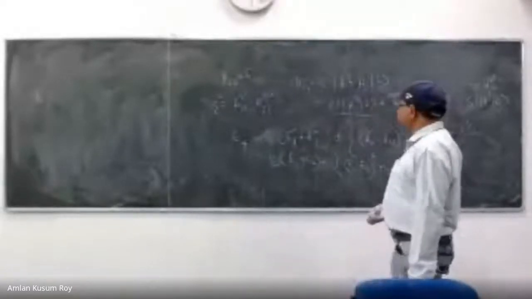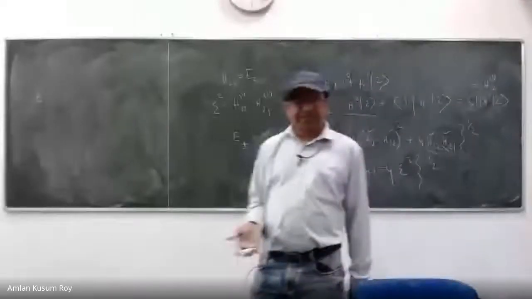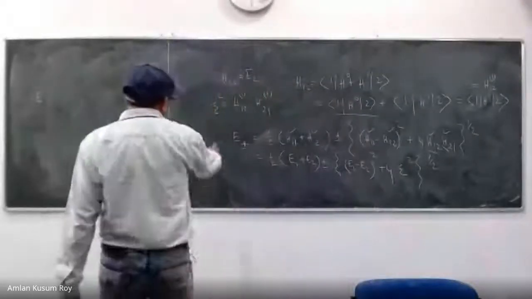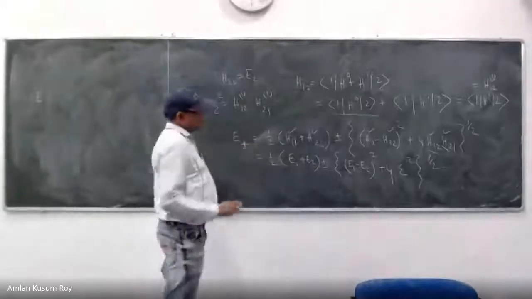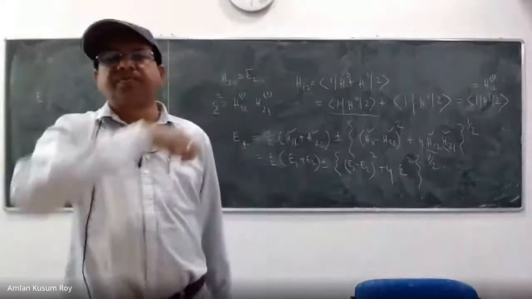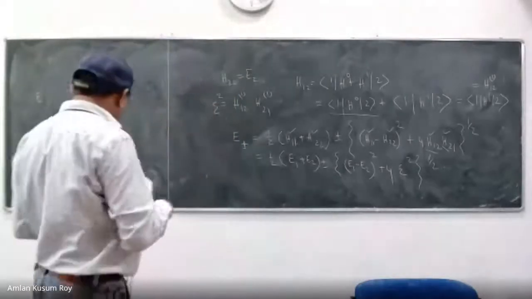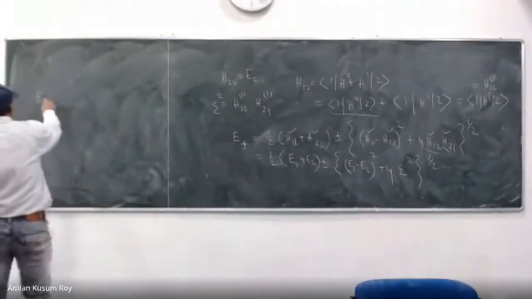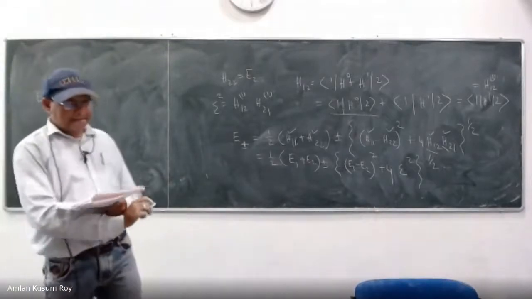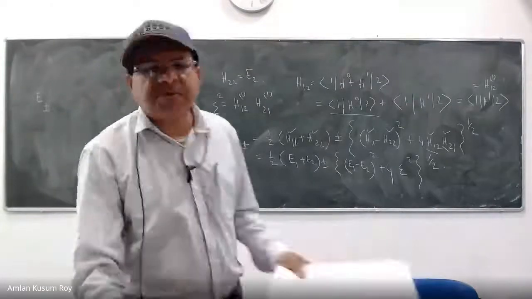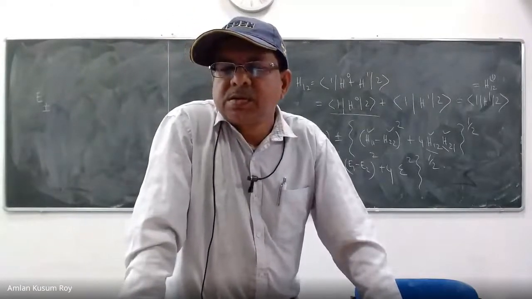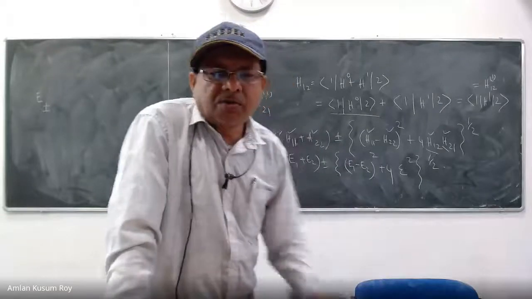So now what happens if there is no perturbation? Can you work it out? If there is no perturbation, what happens to E plus or minus? That is the question. No perturbation means? What is the meaning of no perturbation in this equation? How do I simplify this?